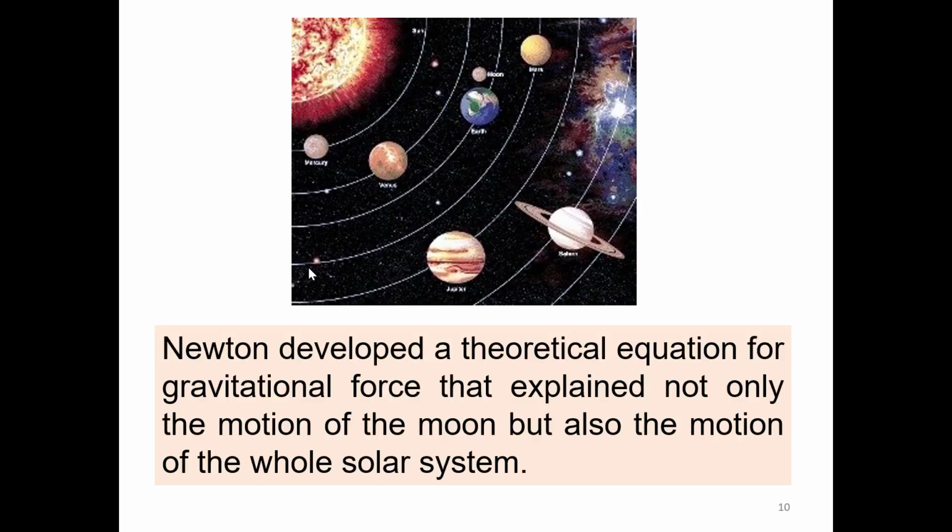Then he developed this theory, and this theory not only explains the motion of the moon around the Earth, but also explains the motion of the whole solar system. This is why this law is really important.